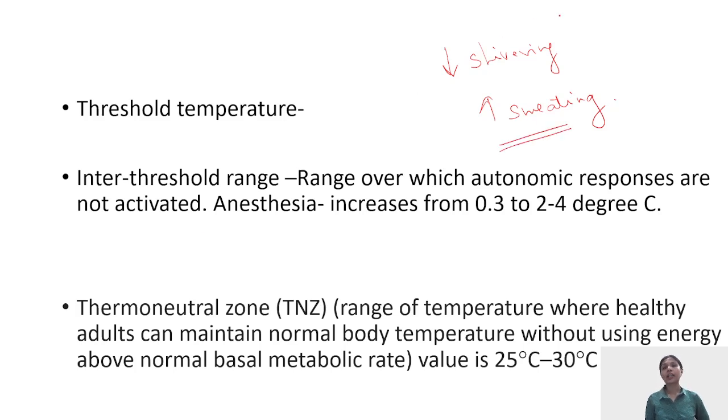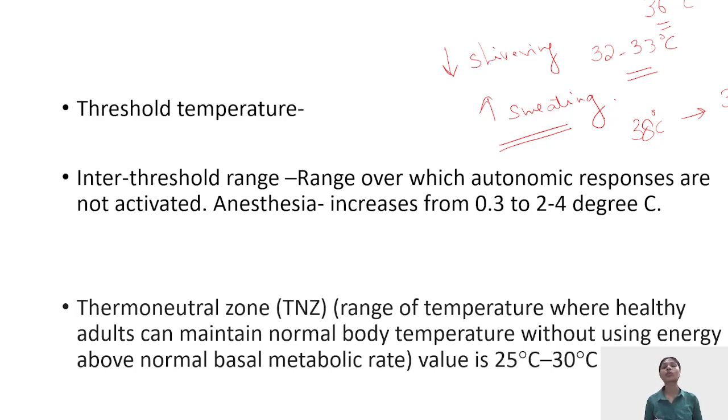For example, in a normal human being, suppose shivering starts at 36 degrees Celsius, but under anesthesia, shivering will start somewhere around 32 to 33 degrees Celsius. The same goes for sweating. Suppose we start sweating at 38, but under anesthesia, we will start sweating at around 39 or 40 degrees Celsius.